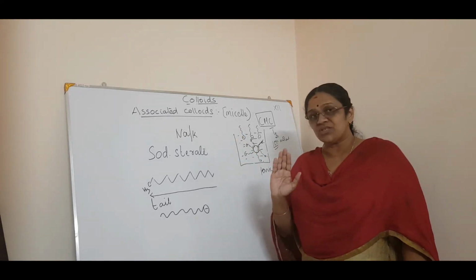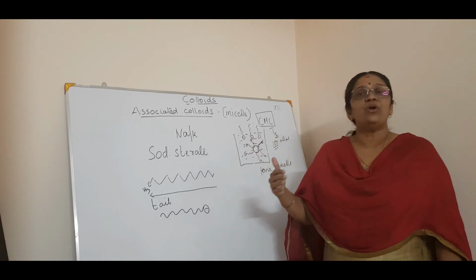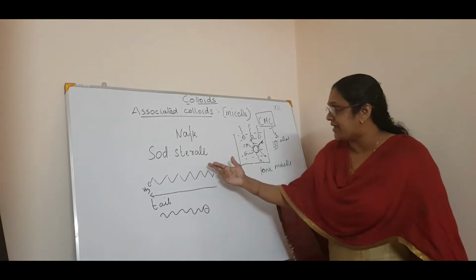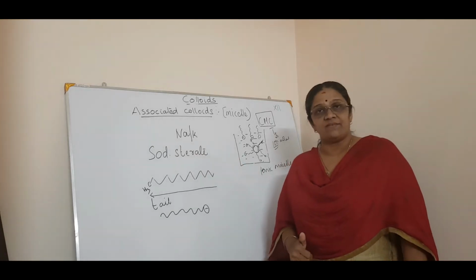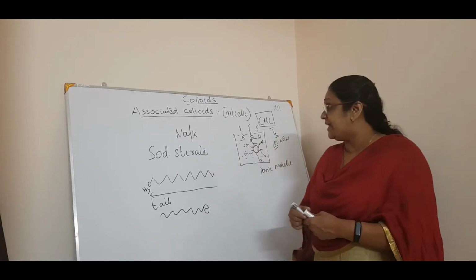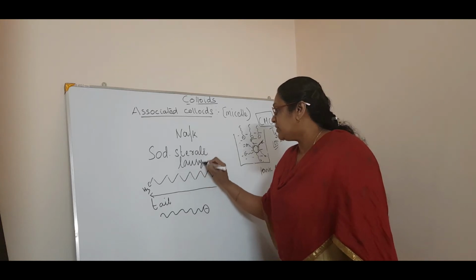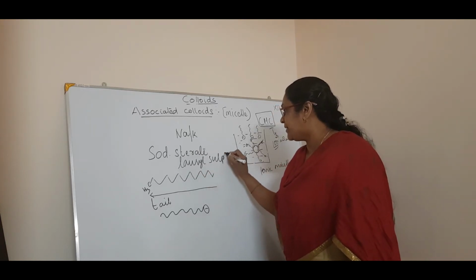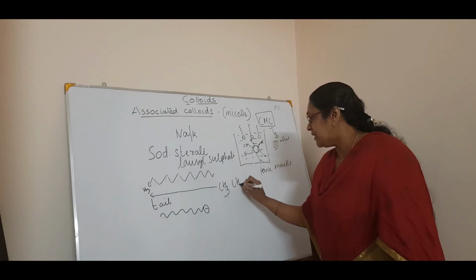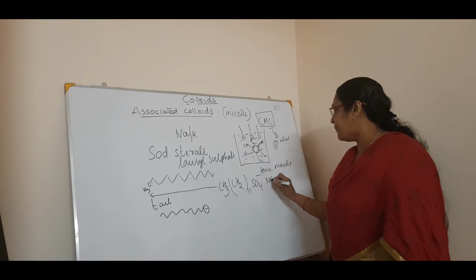Hope you understood, because you already know what a soap is. It is nothing but the sodium or potassium salt of higher fatty acids, and the example we have taken is sodium stearate. A detergent is also the same thing. For example, sodium lauryl sulfate, that is CH3, CH2 eleven times, SO4 minus Na plus.